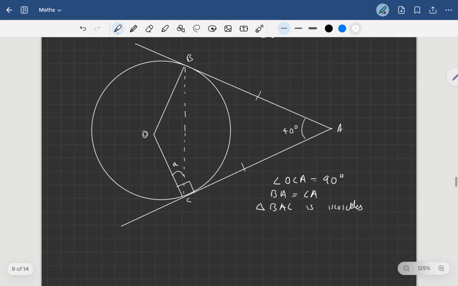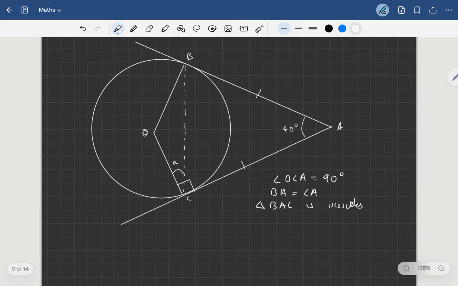Now, let's work out what angle BCA is. We know that angles in a triangle add up to 180. So let's find what the other two angles must sum to. 180 minus 40 is equal to 140.